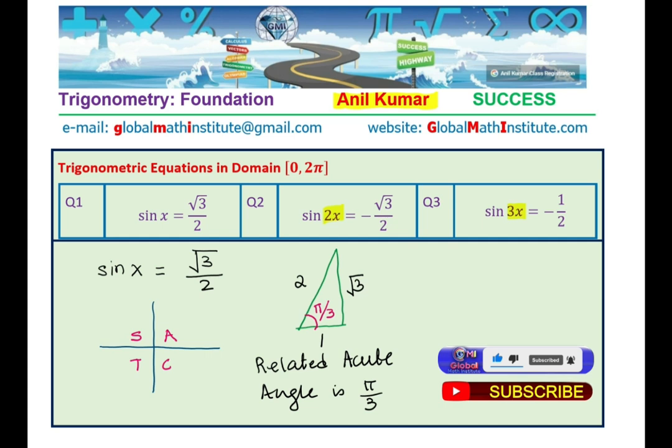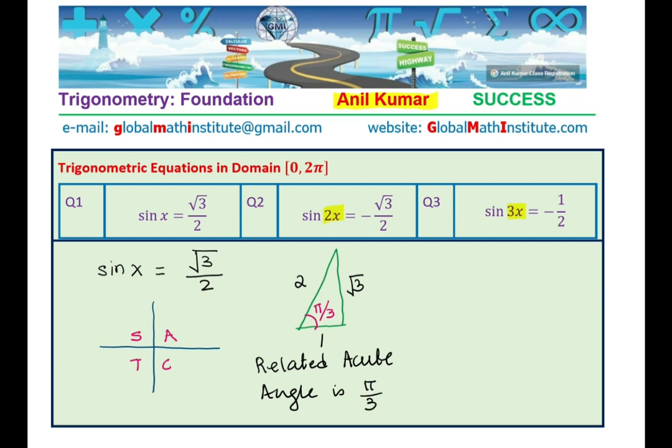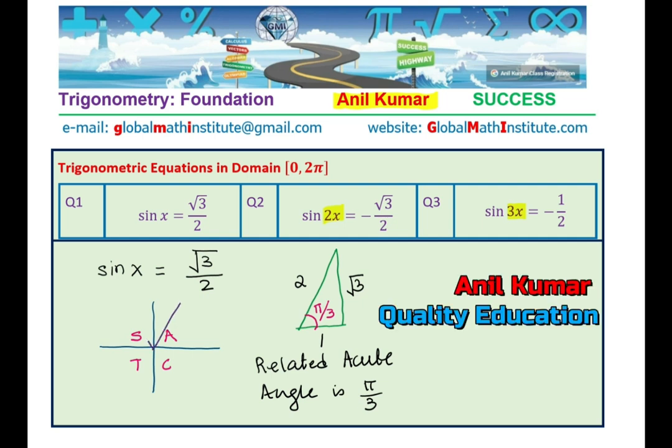So in this particular case, there are two solutions where the related acute angle is pi by 3. This is pi by 3 and that is also pi by 3. The related acute angle is the angle with the horizontal.